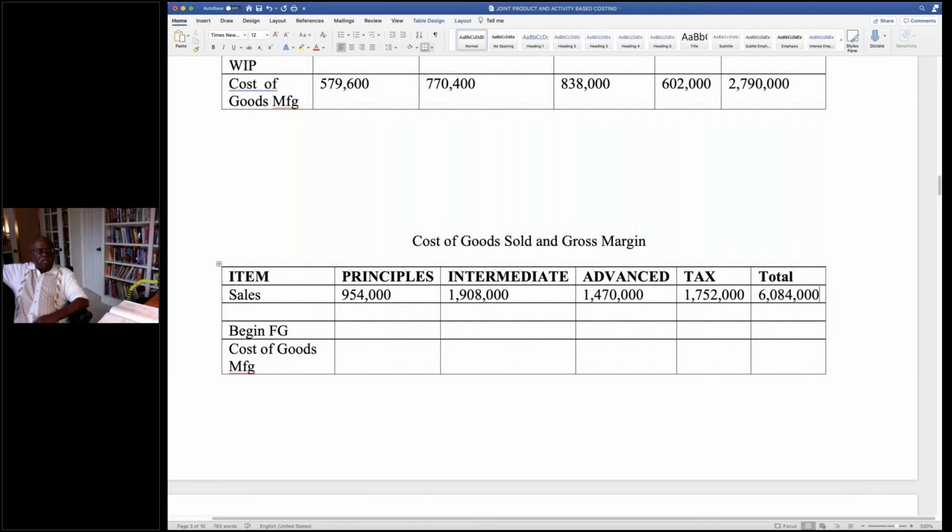So we had a beginning finished goods of 0. Let's just go to the total. I'll let you do the other later. Put the 2,790,000 in. Could you copy that across? Could you copy the whole thing and bring it like I do?